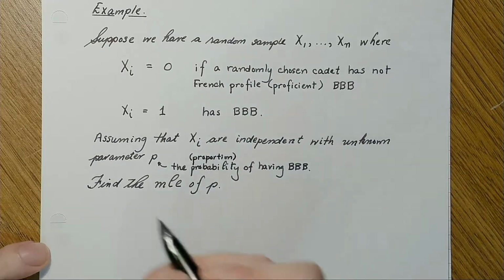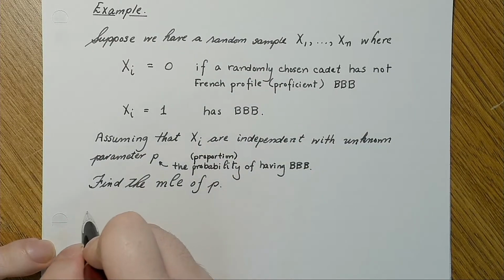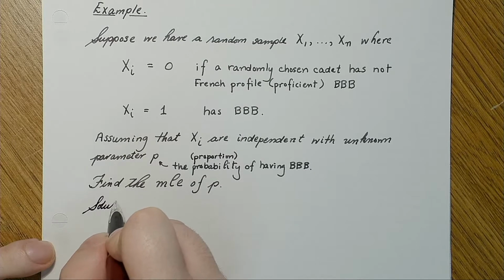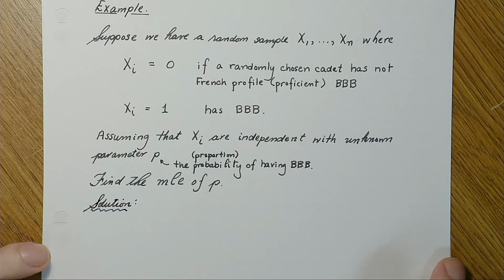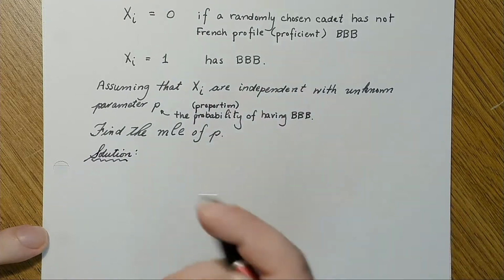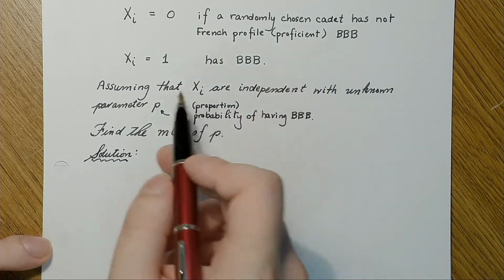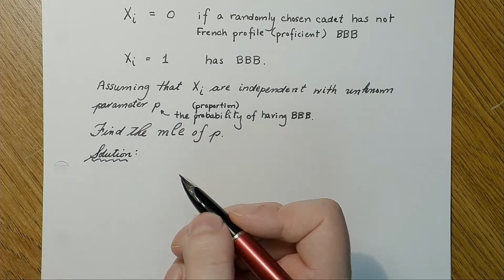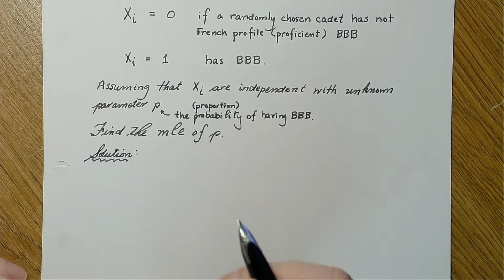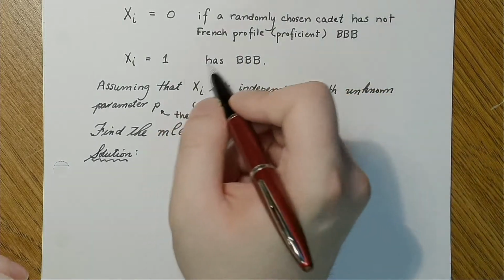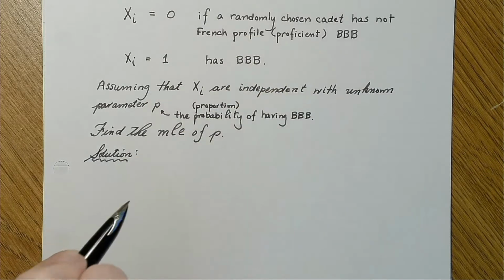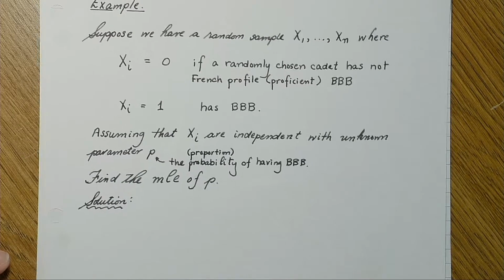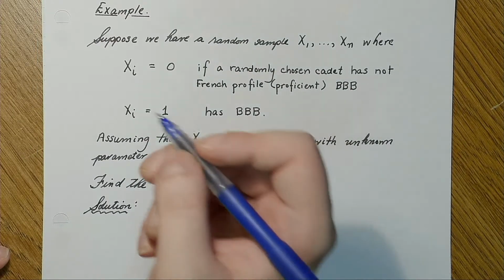So let's start our solution. Again, because we're assuming that they're independent, they're either 0 or 1. And I'm not sure if I had used this term before, but these are called a Bernoulli random variable.